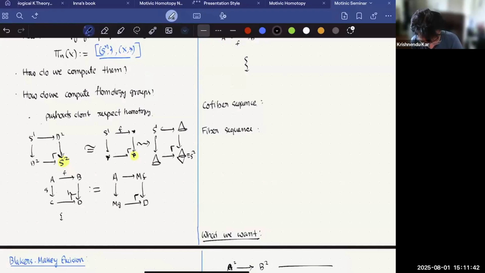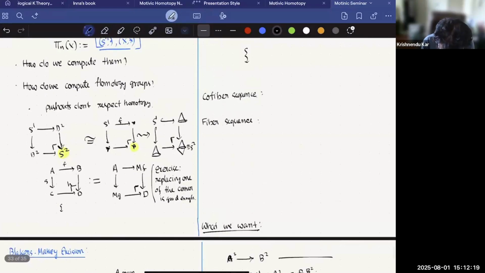It's just an exercise for you to check: even if I do not replace both the corners, replacing any one of the corners still gives me the same thing. Exercise: replacing one of the corners is good enough. It's extremely easy to see for topological spaces, and true for arbitrary model categories as well.